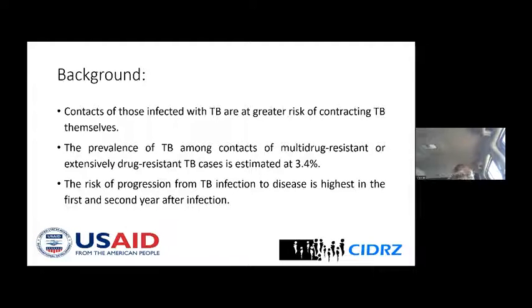So we know that the contacts to those with TB are at a higher risk of having TB, and we know that the prevalence among the DR-TB or extensively drug-resistant TB contacts is around 3.4%, and we know that the risk of developing the TB disease is higher in the first and the second year after the infection.